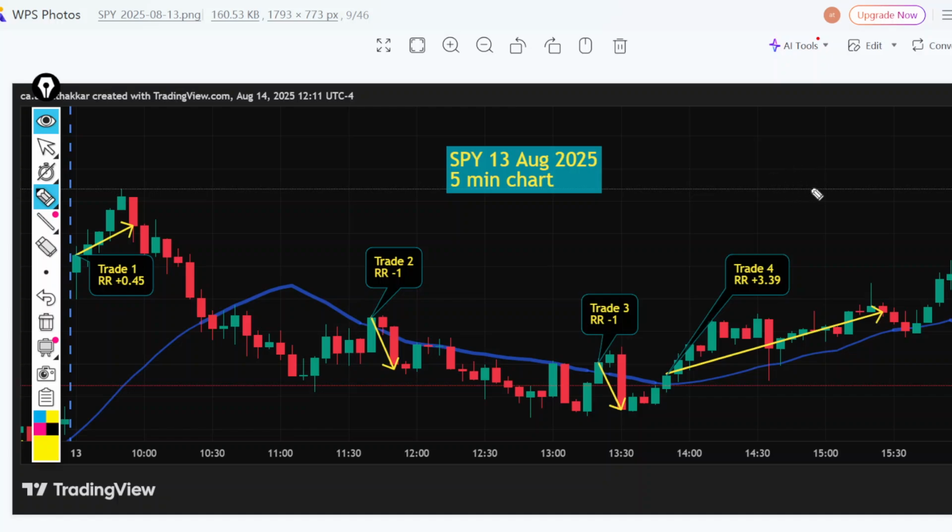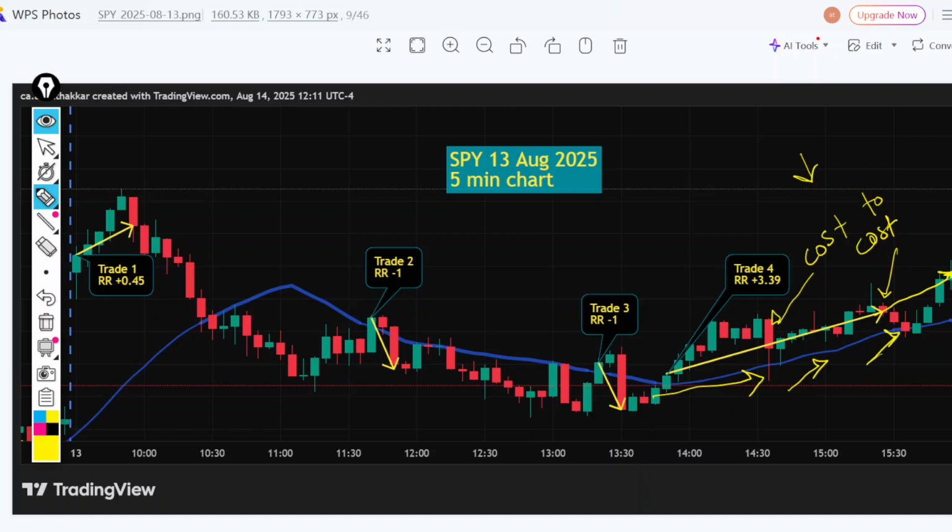If you are very aggressive, you can keep holding and you can enjoy the movement till end of the day. If you are very conservative, you can exit on the first green candle or even this candle, which in case you will be at cost to cost. Okay, so it all depends on the psychology, how far you can hold the position.